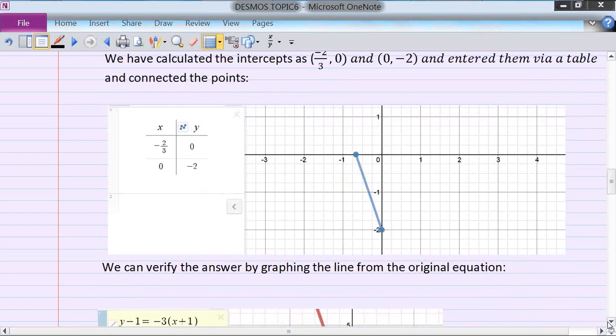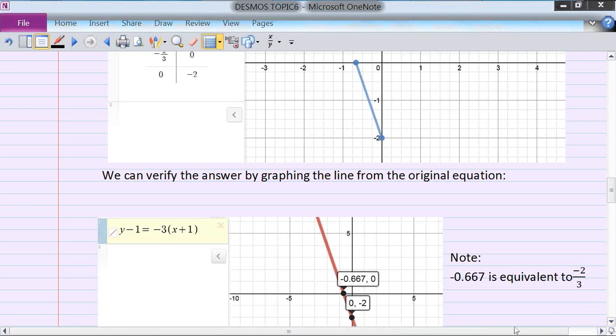And then we can just put the equation in right over here. So here's the equation alone in box 1. And we can see that this intercept here, which is minus 2/3, is minus decimal 0.667. So this one here is this one here. And then this one here is that one there.